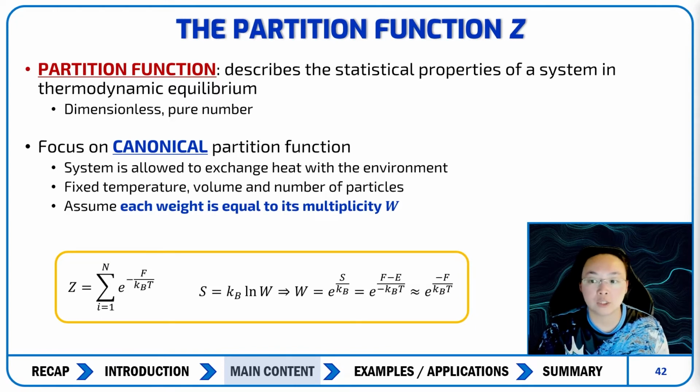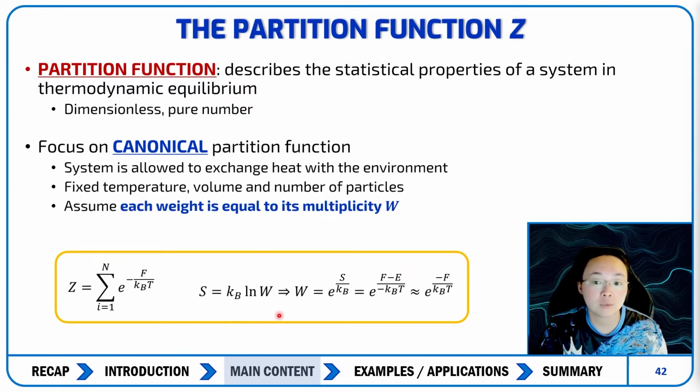The definition of the canonical partition function is given by this summation here, where Z is equal to the summation from 1 to n of e to the power of negative F over kBT. That term seems very familiar. We've seen it before. We know that entropy S is equal to kB ln W, where W is the multiplicity.